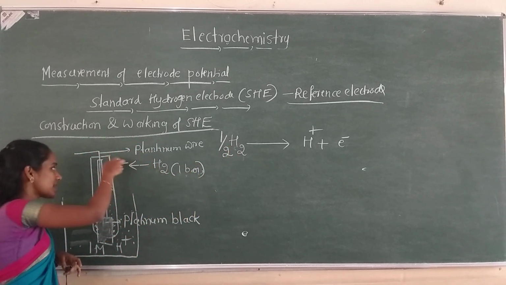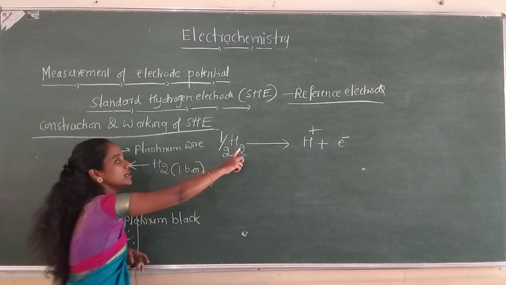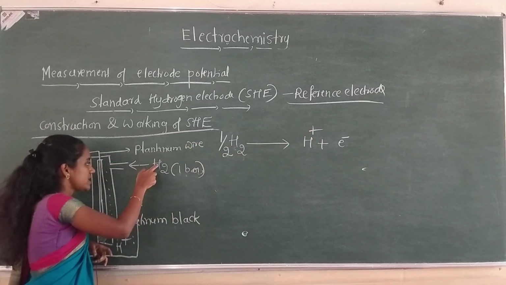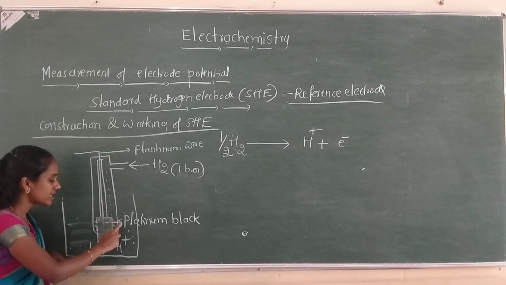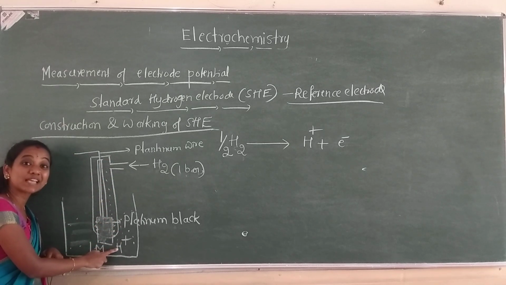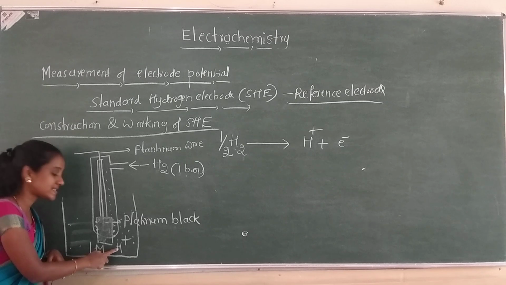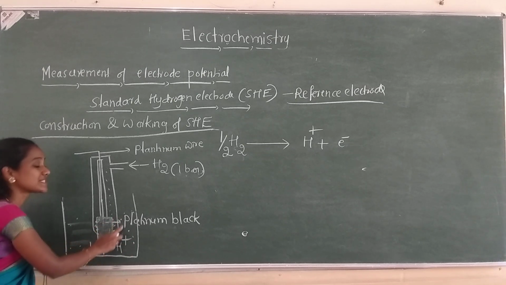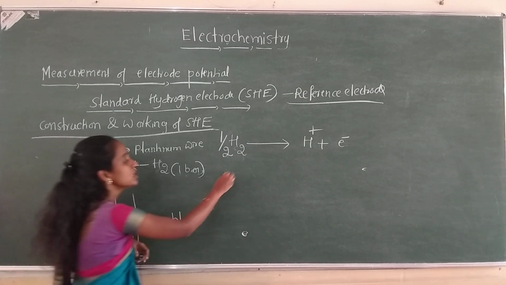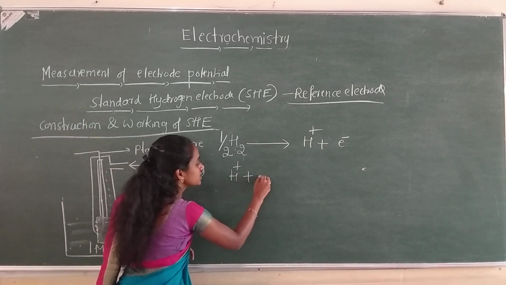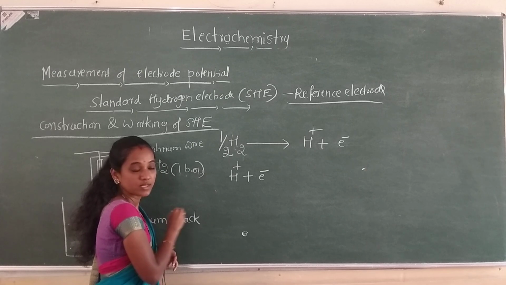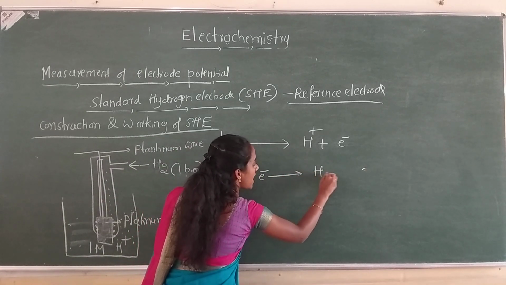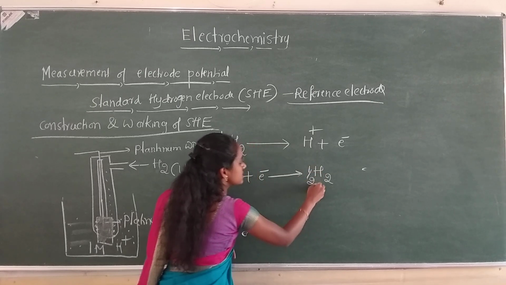So after passing hydrogen gas, it starts to undergo oxidation to form H plus. At the same time, the H plus ions present in the solution accept the electrons and are reduced back into hydrogen gas, like this.